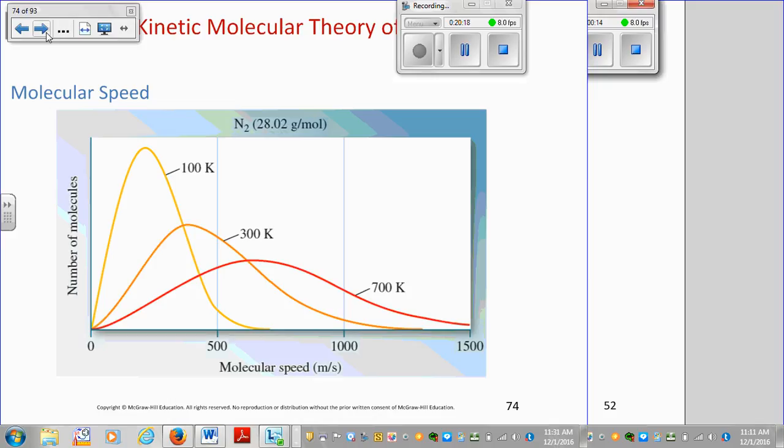Molecular speed is increasing from left to right. So at 700 K, we have more molecules at high speed than at 100 K. So the higher the temperature, the faster the molecules on average, so the greater the pressure in a sealed container.